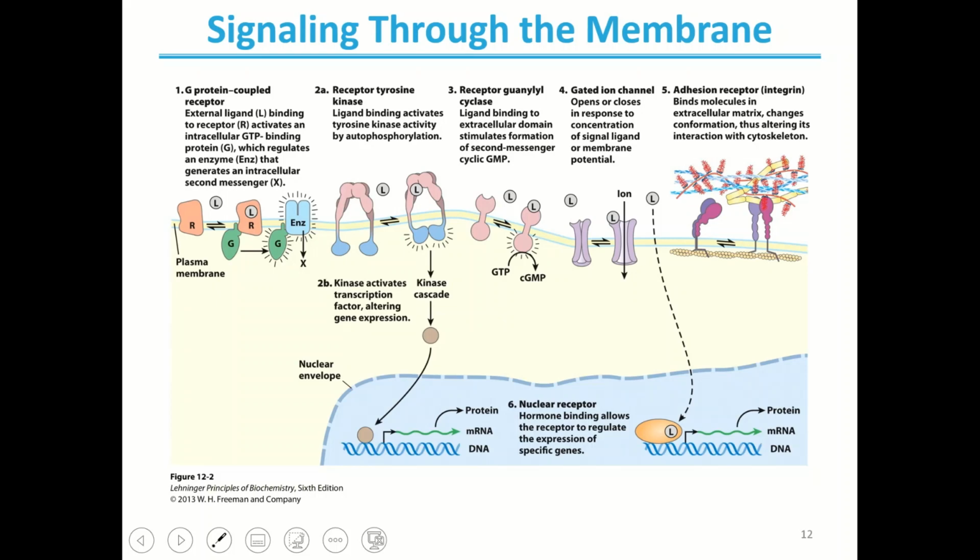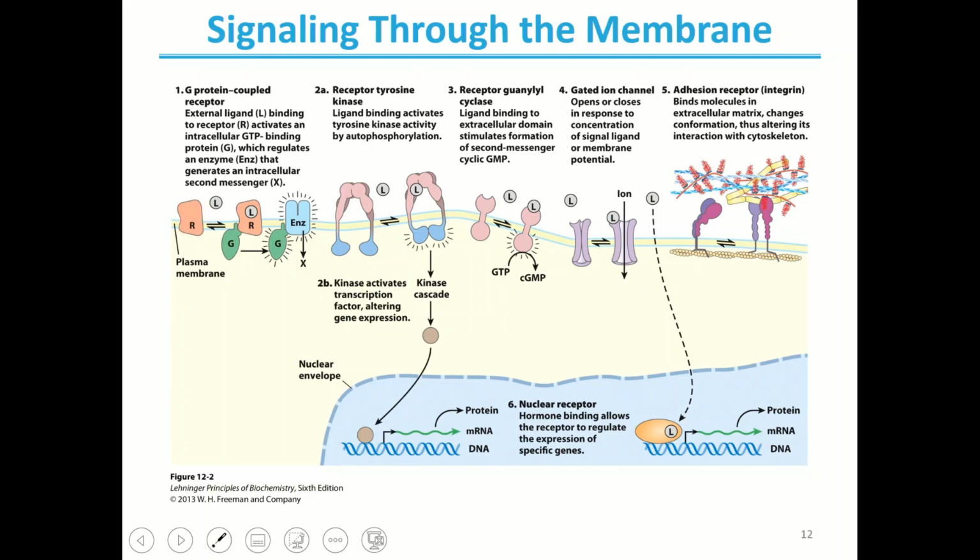Okay, so here are 6 different types of signaling that can occur through a membrane. Number 1, and this is the first example we'll see, are G protein coupled receptors. In these, you have a ligand that binds to your receptor.